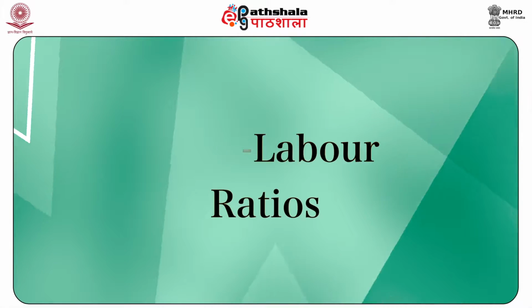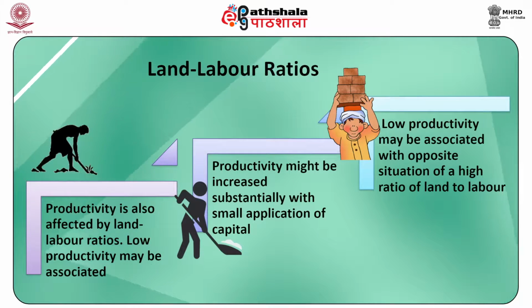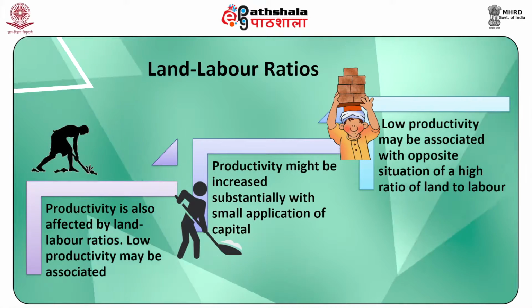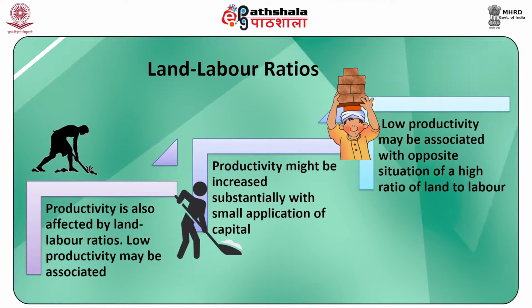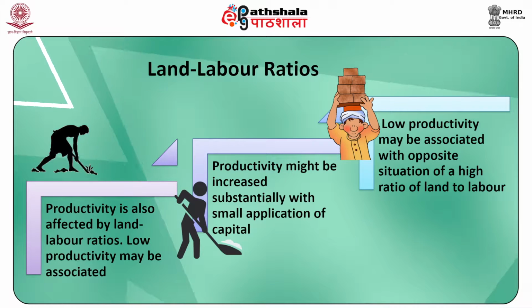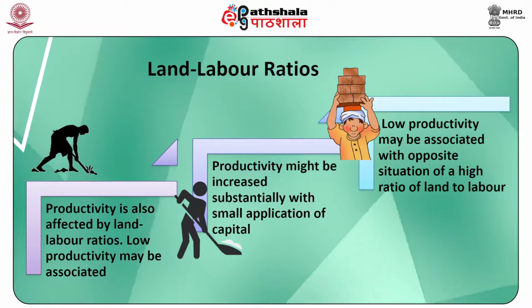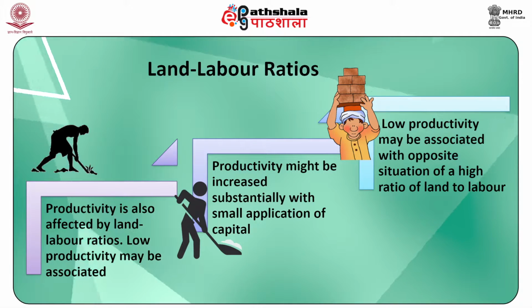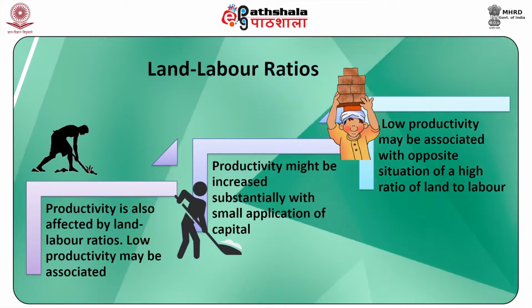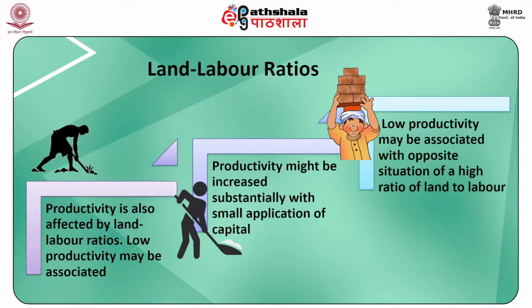Number 4, land-labor ratios. Productivity is also affected by land-labor ratios. Low productivity may be associated, for example, with a high population density and high ratio of labor to land. In this case, productivity might be increased substantially with small application of land in the form of drainage schemes, fertilizers and so on.